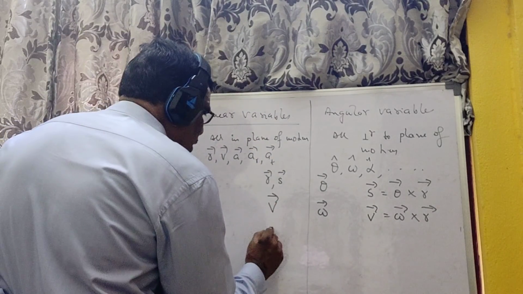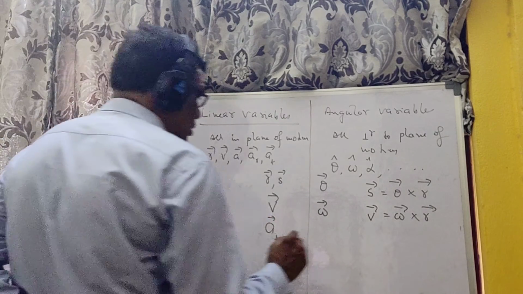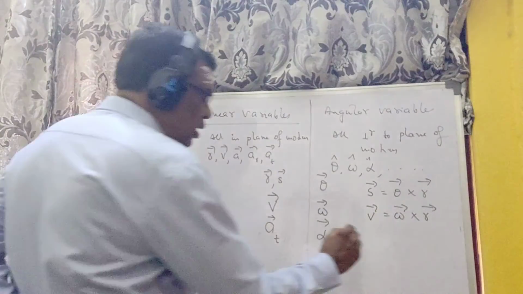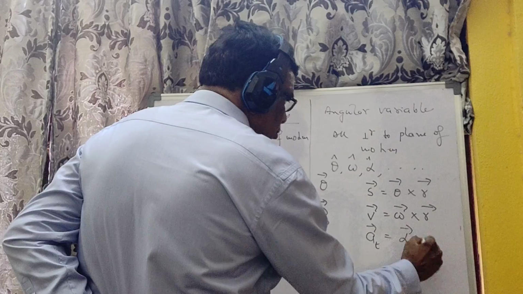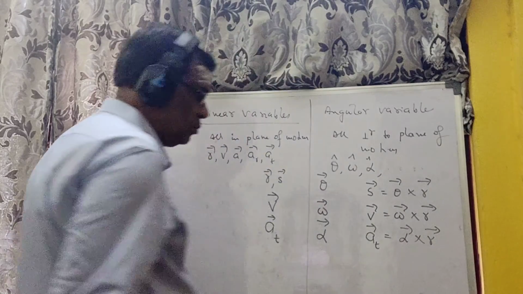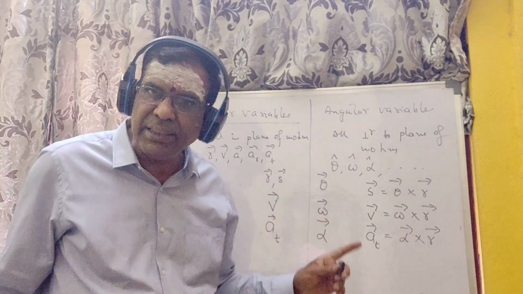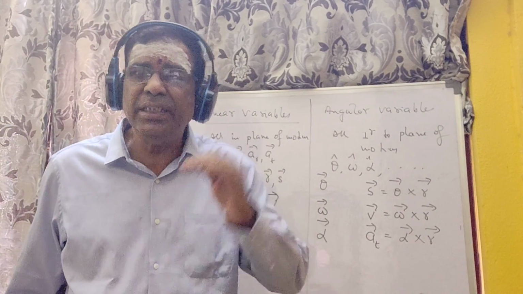In a similar way, tangential acceleration, the corresponding thing is alpha. So what is a_t? One thing you should always remember, I'm writing suffix t here. It indicates it is tangential.